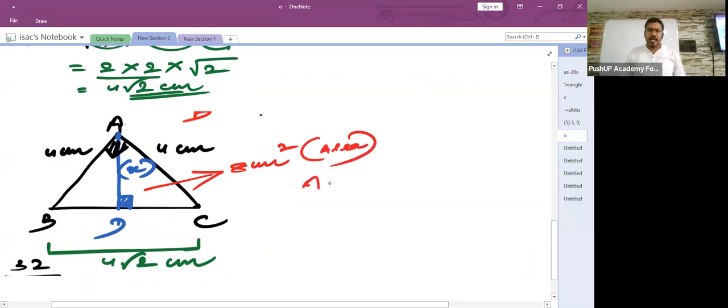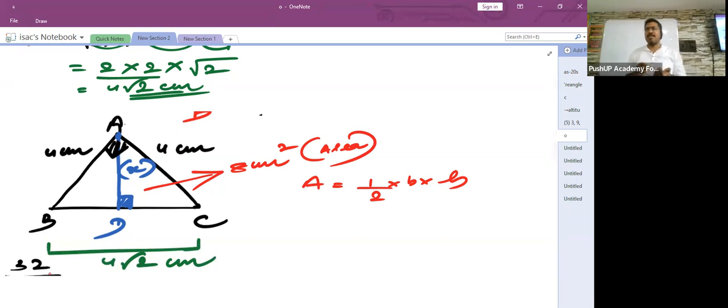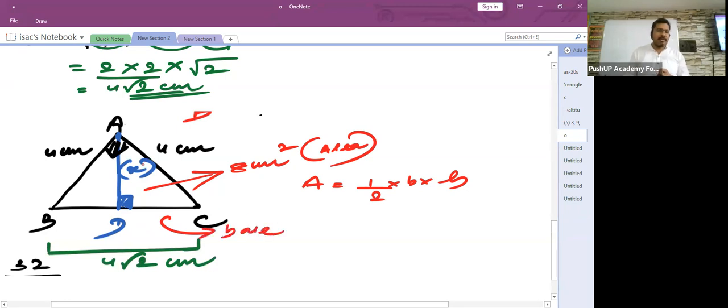Now, children, what is the area formula? 1/2 into base into height. Now, in this particular scenario, which side am I using as the base? Answer me. BC, isn't it? This time you are using BC as the base, and which line segment as the height?